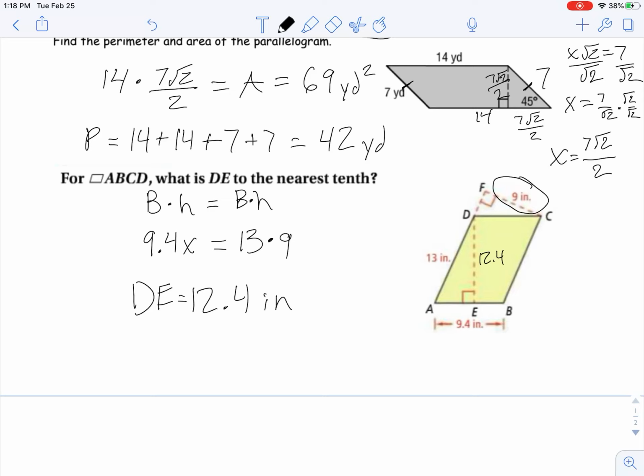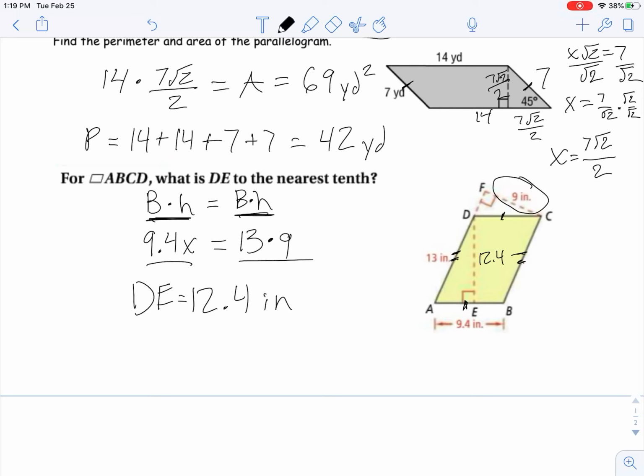So just a quick reminder here, the two things to remember. This base times height is different than this base times height. We just chose different bases and different heights, plugged in what they are. There are two numbers that could be bases, and there are two numbers that could be heights for every parallelogram. 9.4 would be a base for right there or right here, and 13 would be a base on this one or this one.